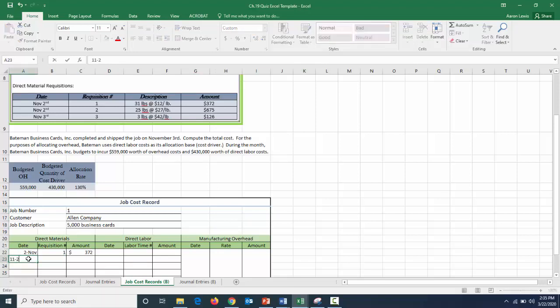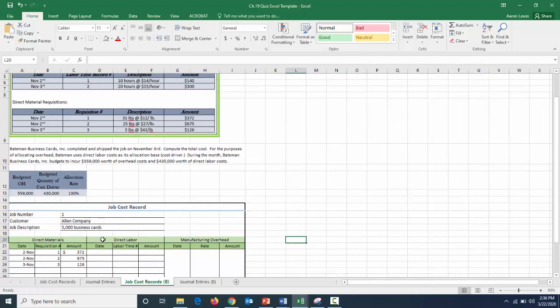Also on November 2nd, in requisition number 2, we requisitioned an additional $675 worth of materials for use in this job. And then lastly, on November 3rd, in requisition number 3, Bateman requisitioned $126 worth of materials to this job.